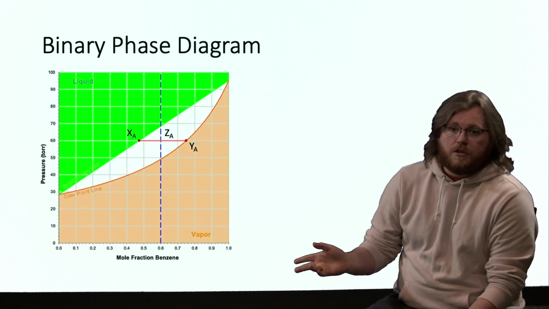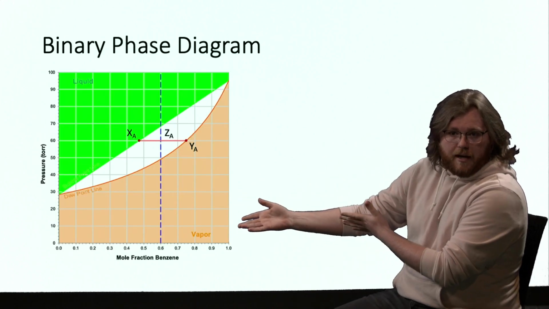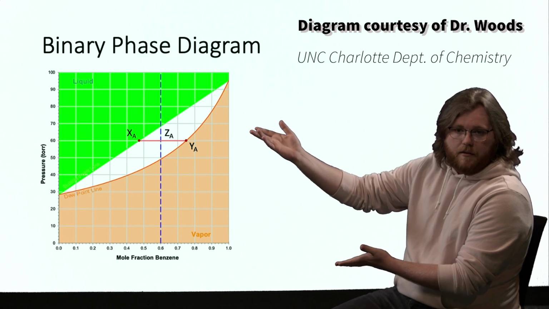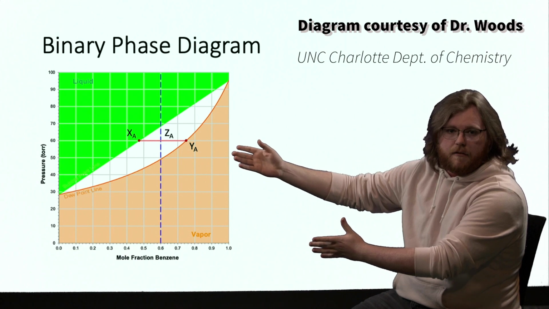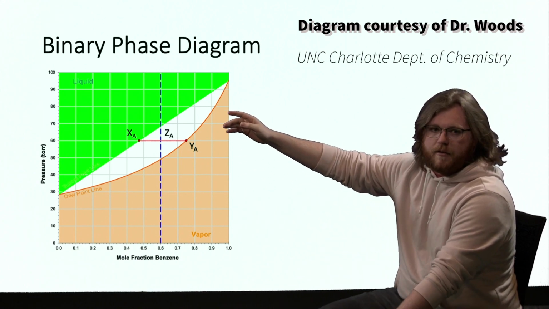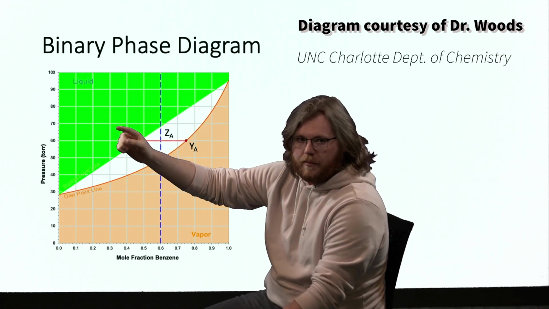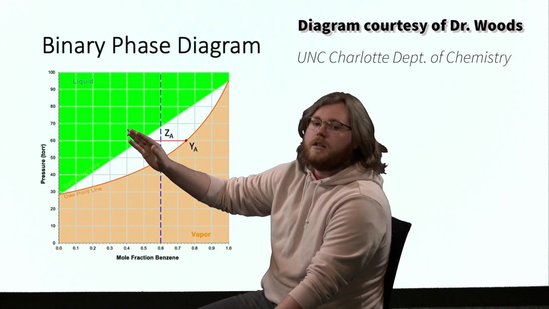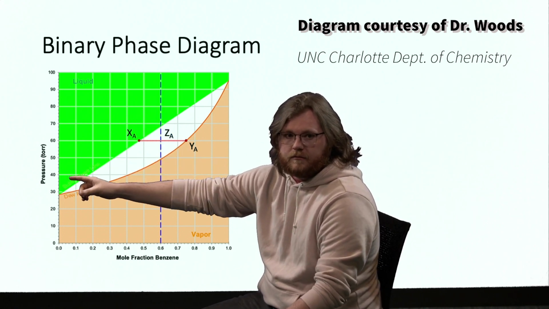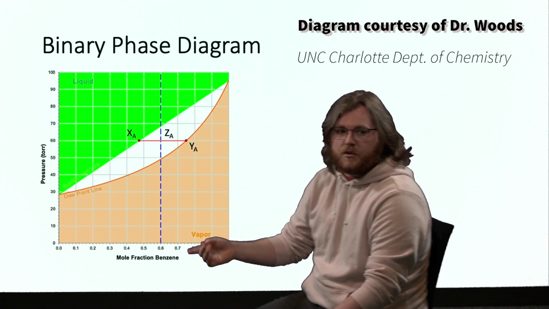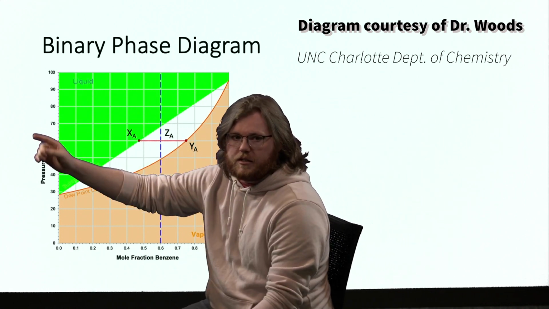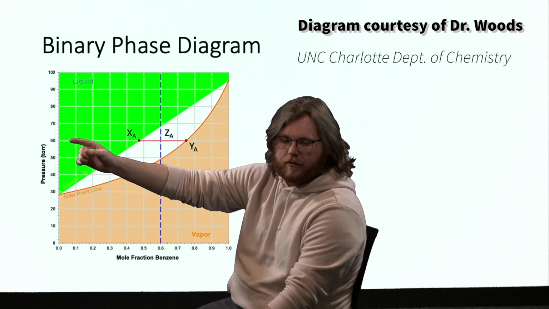So for ideal solutions, for a liquid vapor phase in a binary phase diagram, we can interpret it in a few different ways. We can interpret it in the fact that this green area up here is our liquid phase. So anything at this pressure and at this mole fraction of our species is going to be liquid phase anywhere up in this green part of the graph.